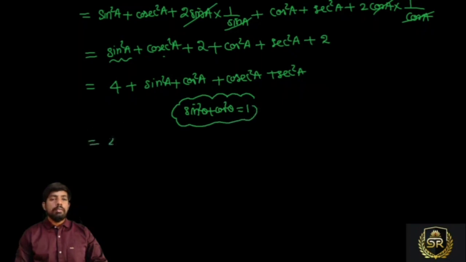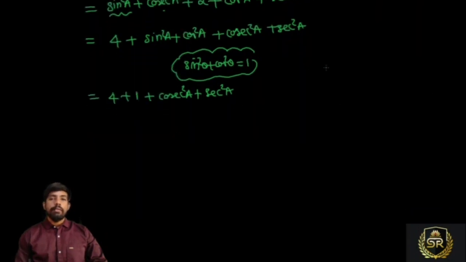So using this, 4 plus 1 plus cosecant square a plus secant square a. Now we know one more identity: secant square theta minus tan square theta is equal to 1, and cosecant square theta minus cot square theta equals 1.